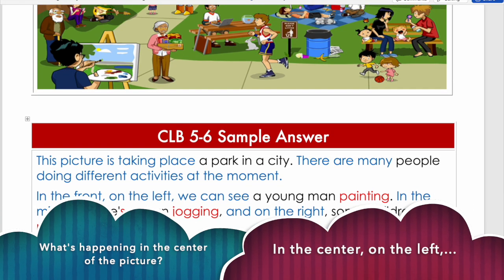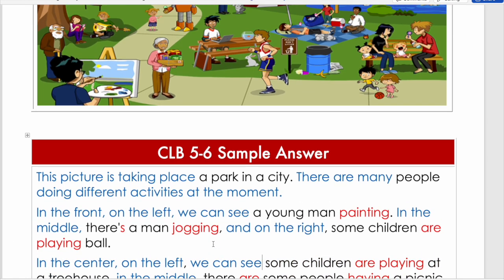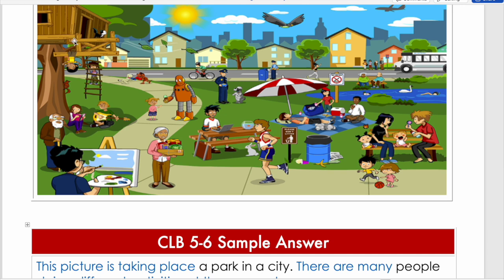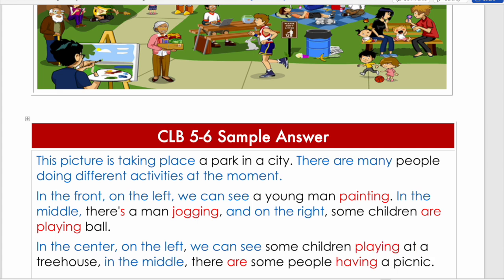In the center on the left, we can see some children are playing at a treehouse. So we can see some children playing at a treehouse. We can say some children are playing at a treehouse, or we can say short, some children playing. That's only when we use we can see.